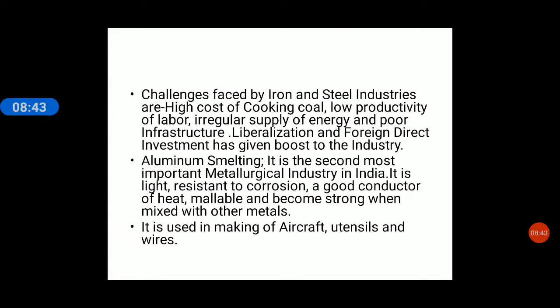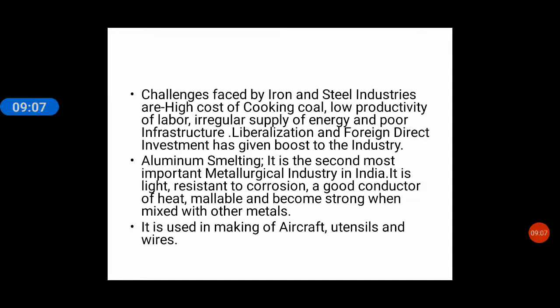Mostly the laborers who are not very skilled, the productivity is quite low as compared to the skilled laborers. Then irregular supply of energy and poor infrastructure. The road and the railway network or the infrastructure in any form is very poor.